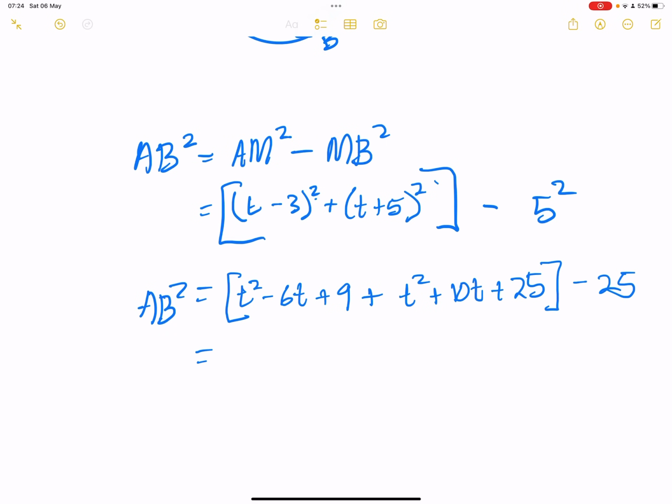So this is going to give us 2t squared inside the bracket, and then we've got minus 6t plus 10t, which gives plus 4t.